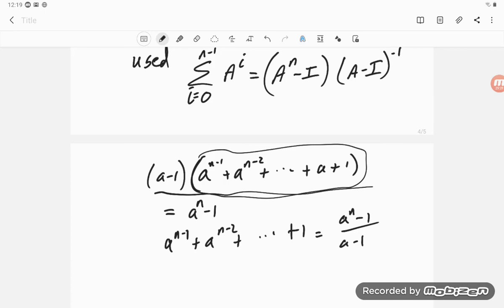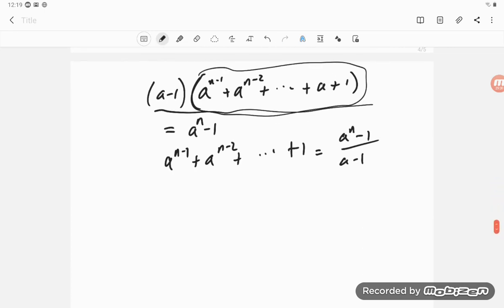Now, why doesn't that inverse exist? Good question, because they haven't given us that theorem about determinants.